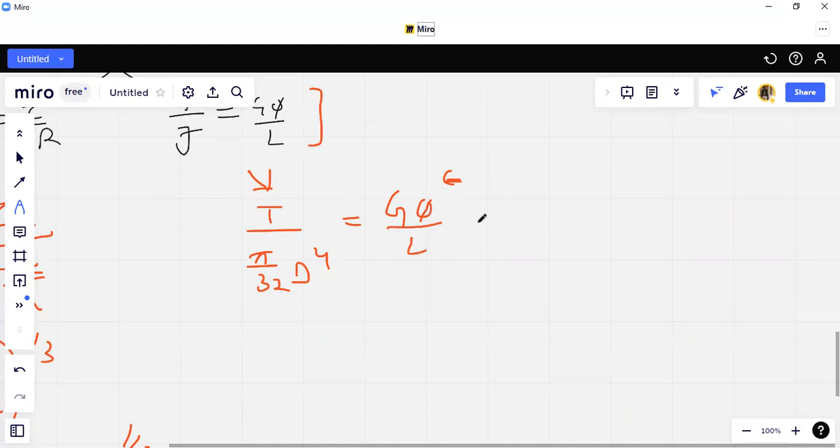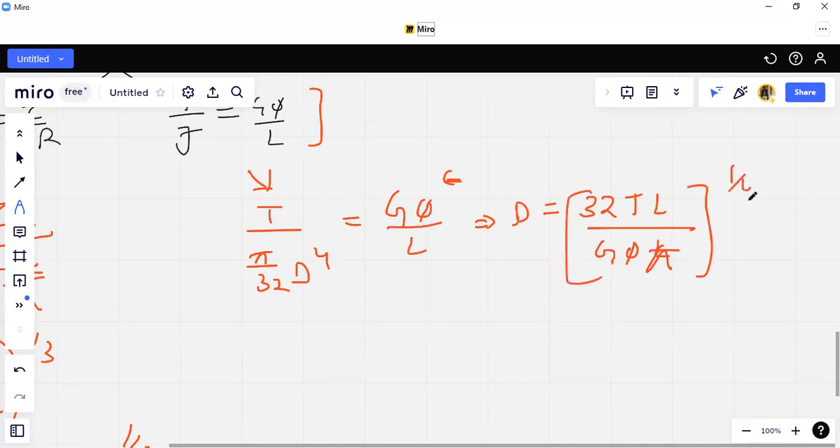Okay, from this equation we can write D is equal to 32 T L divided by G phi into pi, whole to the power 1 by 4.